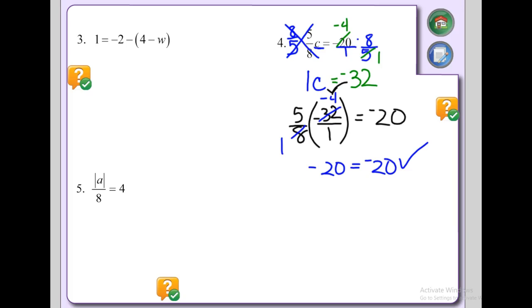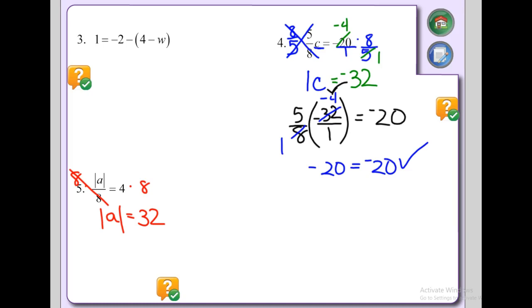Who's attached to A? Yeah, that fraction bar. That fraction bar means what? Division. So what do we need to do to get rid of that 8 in the denominator? Yeah, we're going to multiply both sides by 8. These are going to cancel. And so now I've got the absolute value of A equals, well, 4 times 8 is 32.